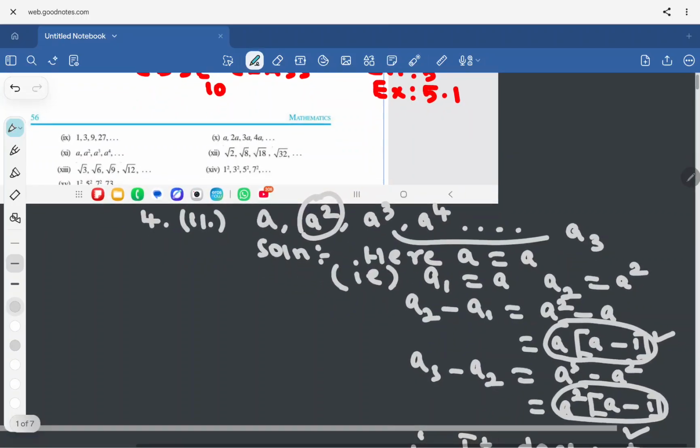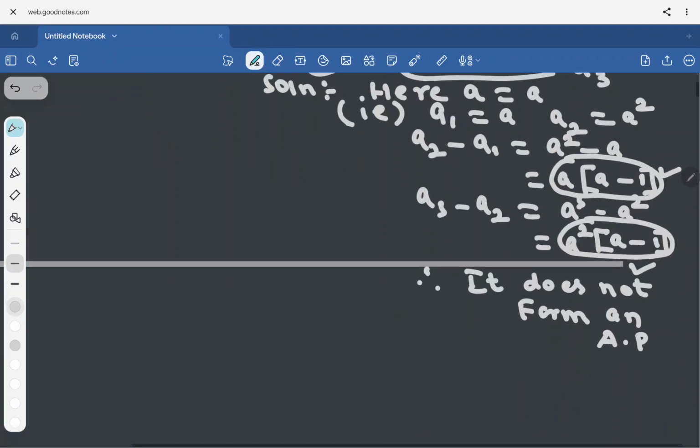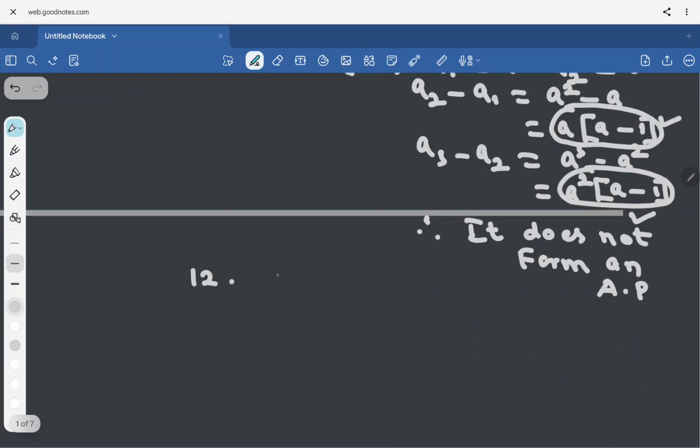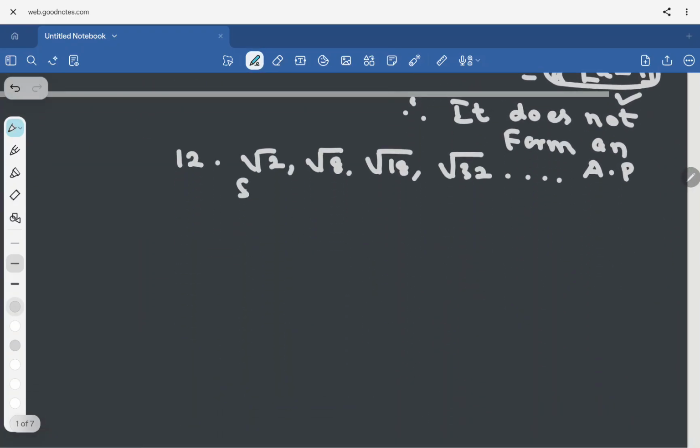Now subdivision 12th one, root 2, root 8, root 18, root 32. Solution. Here a1 is root 2.